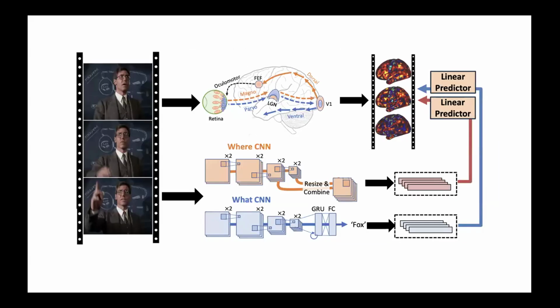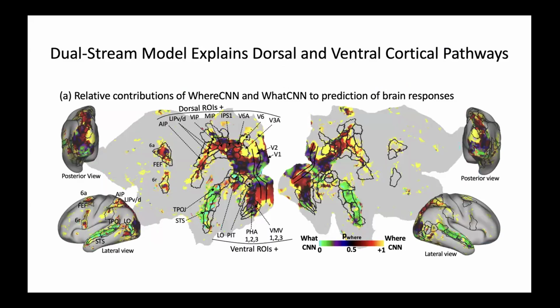And then once we build a model, we'll see how this model compares to the brain. So the strategy we use is an encoding model. We look at what the where CNN explains and what the what CNN explains for each voxel, and then we look at their contrast. This is what the result shows, and it turns out that the where CNN tends to explain a set of regions in the brain largely around the dorsal visual pathways, and the what CNN tends to explain better the voxels along the ventral pathways.